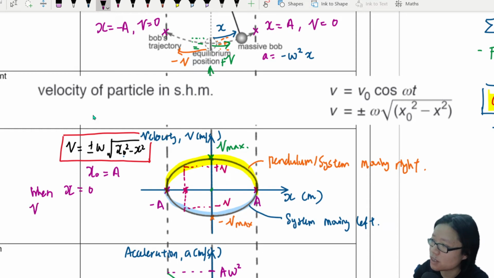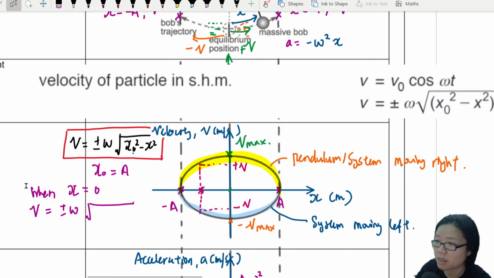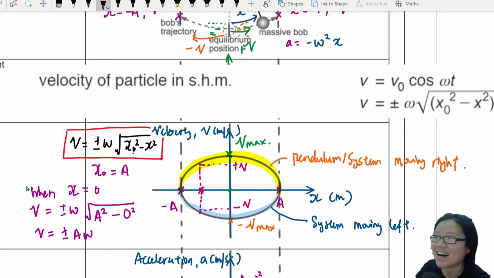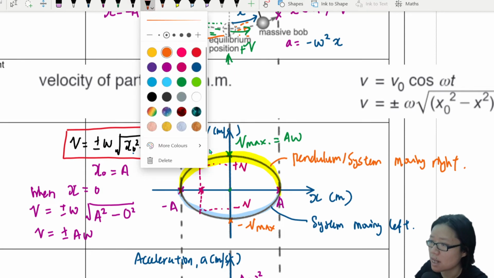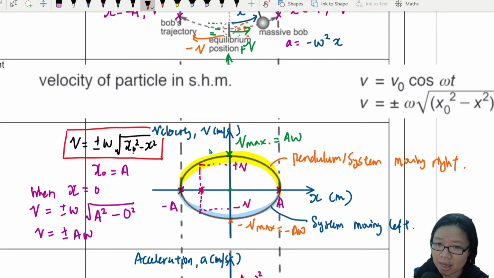Then your v will be equal to plus minus omega square root of A squared minus 0 squared. And then you see your v is plus minus A omega, correct? So this Vmax up here will be A omega, and the other Vmax will be negative A omega.